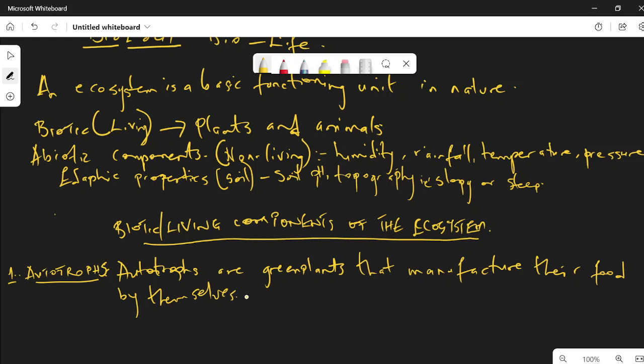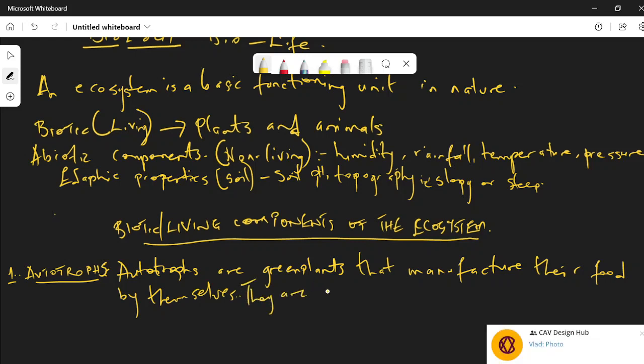That is the reason why they are called autotrophs, because they have the ability to manufacture their food by themselves. And so they are called the producers.